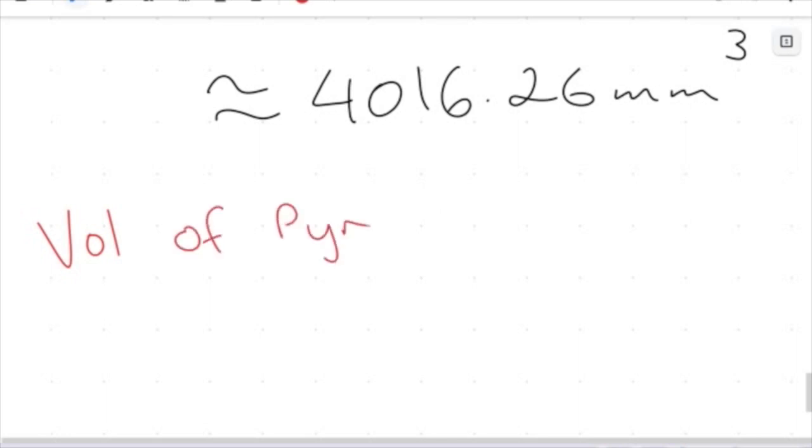So, just to recap, the volume of a pyramid is going to be the volume of any prism, which is the cross-sectional area times the height, divided by 3. So it's always going to be 1/3 of the volume of a prism with the same dimensions.